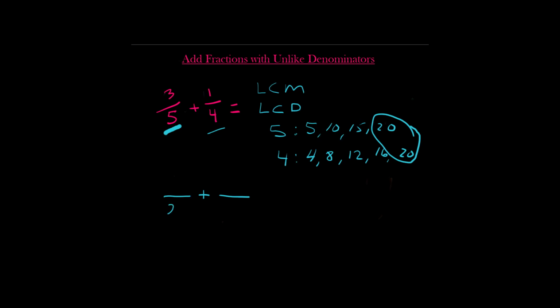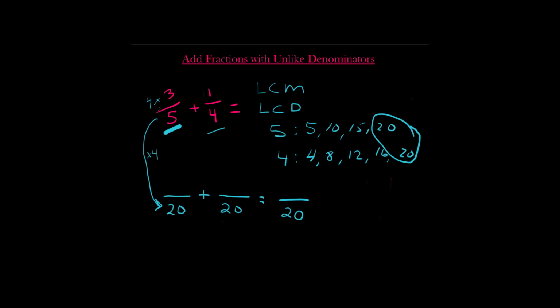So we're going to rewrite our problem. Our denominator is now a 20, which means our answer is going to start as a 20. We may still have to simplify, but we have a 20 there. Now what we have to think about is, how did I get from 5 to 20? It wasn't magic. I multiplied 5 times 4. 5 times 4 got me to 20, which means the 3 on top, I'm going to have to multiply by the same number.